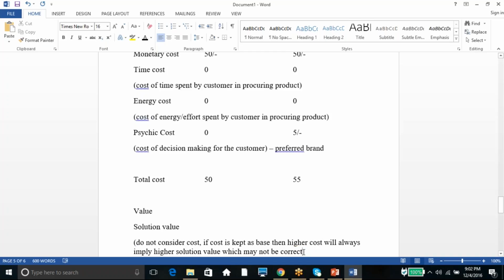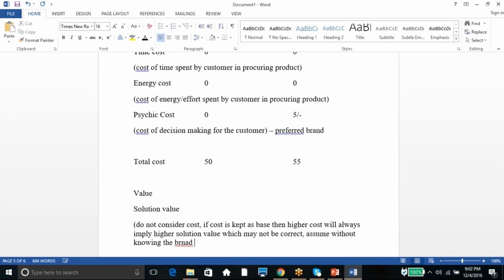So how you derive this is, assume without knowing the brand, the two solutions are given to you to use, and the benefit of usage you will derive from them is the solution value.